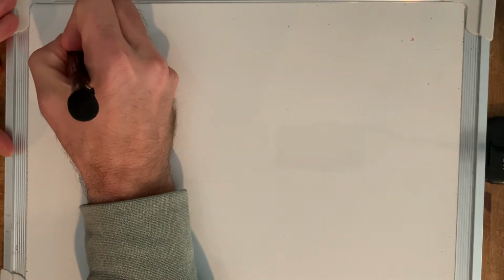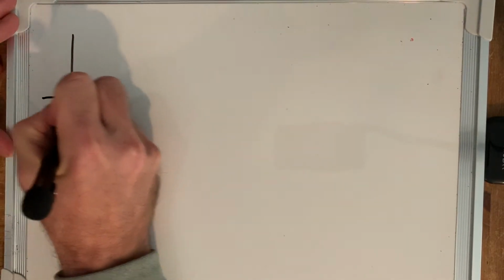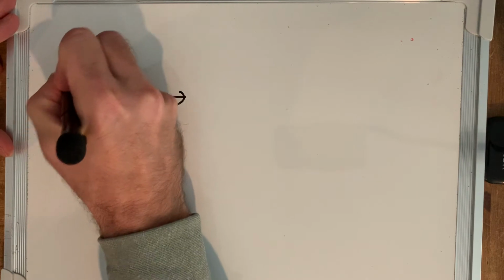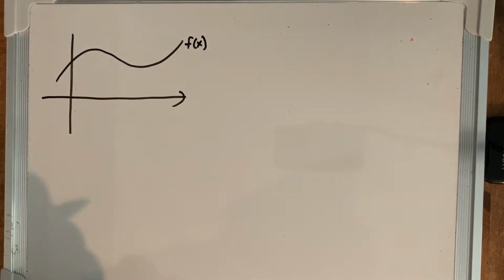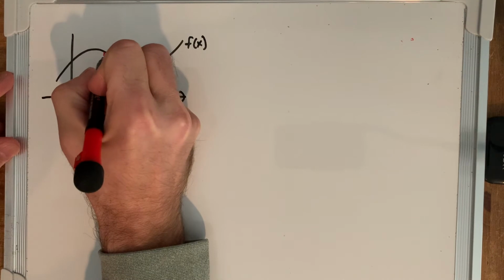So there's a couple different ways that we can attack finding the slope of a curve at a given point, or the instantaneous rate of change, or the slope of a tangent line. So we can look at, if we've got some kind of curve here, f of x, we can look at a particular point.